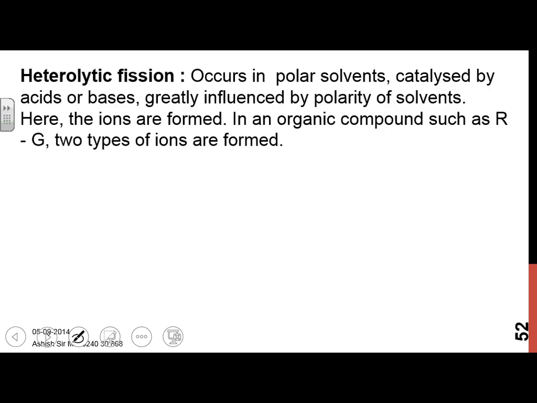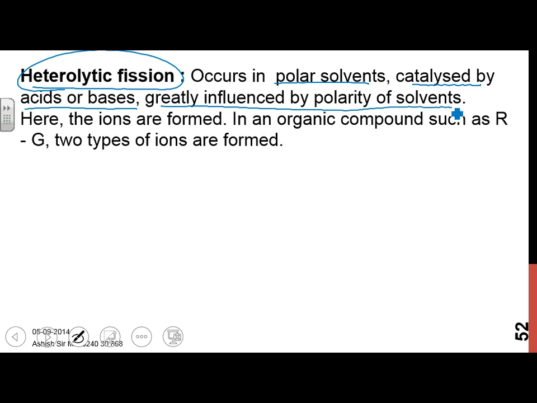That was the first fission we had seen. The second fission we talk about is heterolytic fission. If you remember, I taught you that homolytic fission is for non-polar compounds. Non-polar always does homolytic, so polar always does heterolytic. It occurs in polar solvents. Again, they need to be catalyzed by acid or base.